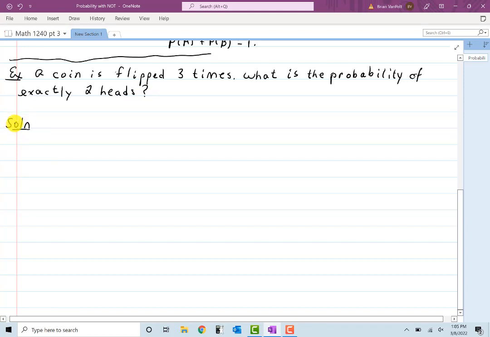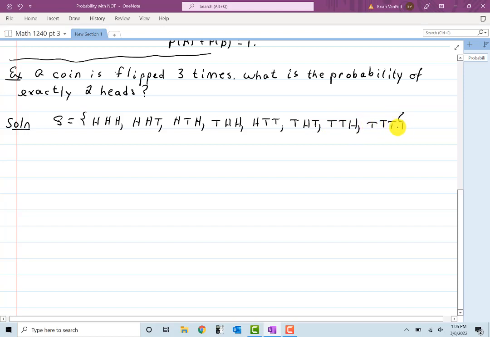Let me write out the sample space. S equals, so we're flipping a coin 3 times, so we can have 3 heads and no tails, or we could have 2 heads and a tail. I just got to make sure I count all the ways that I can have that, so I think I've got that. And then we could have 1 head and 2 tails, and then finally, we could have 3 tails.